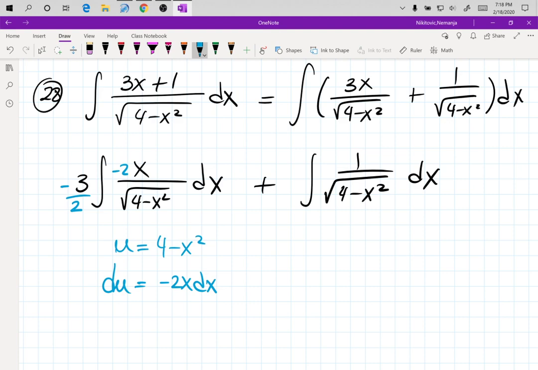Yeah, the second one. Arc sine? Yes, trig, arc sine, inverse sine. It's going to be sine inverse x over 2. Now you're going to say, I'm supposed to know that?